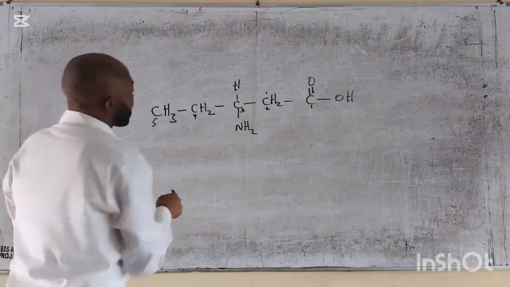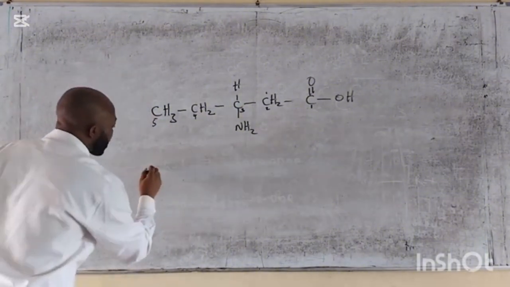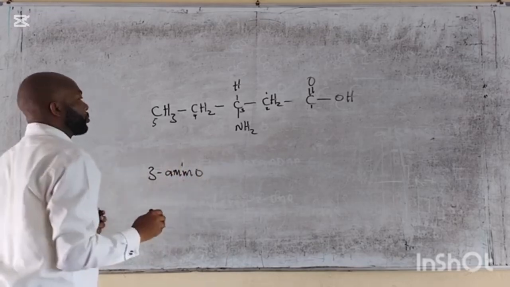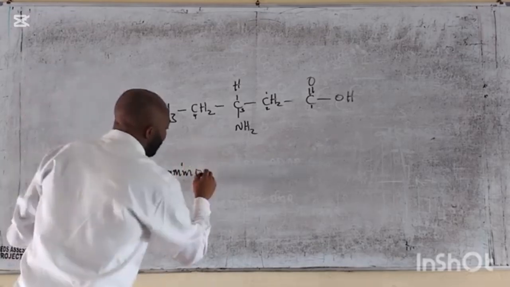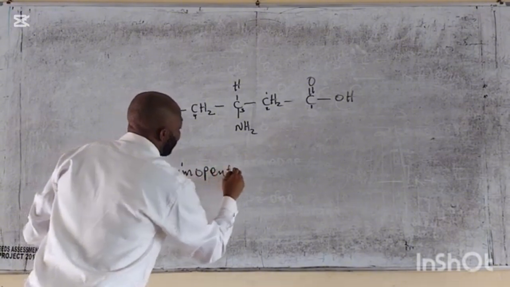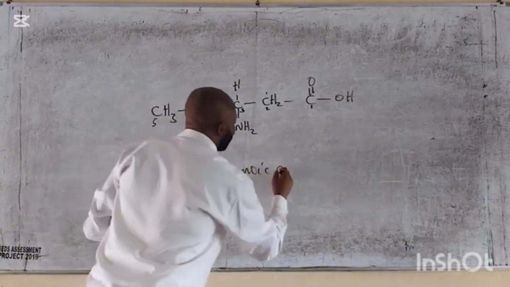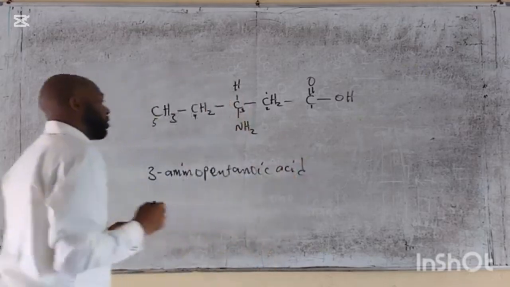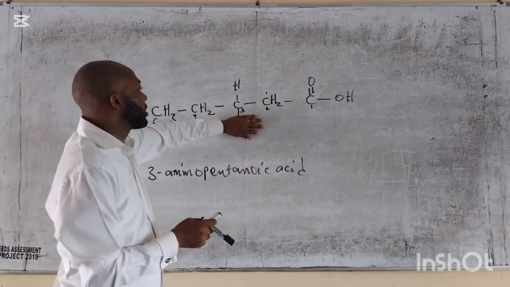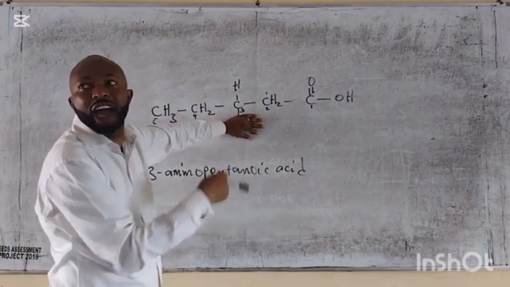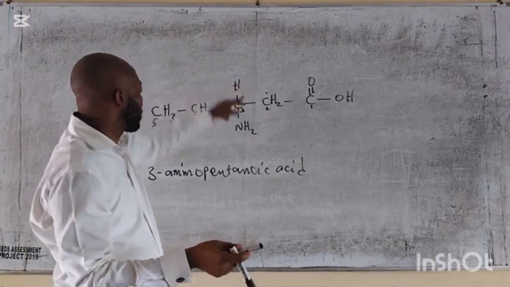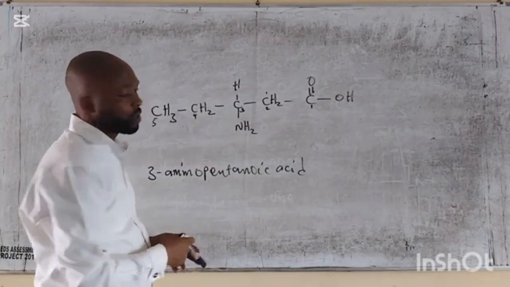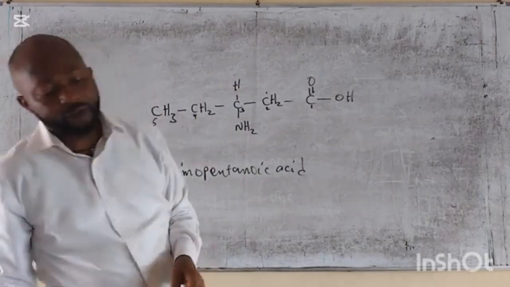So 3-amino pentanoic acid. If I remove this, it is a pentanoic acid. But now I have a substituent in carbon 3. So that becomes 3-aminopentanoic acid. So we will stop here for the day.